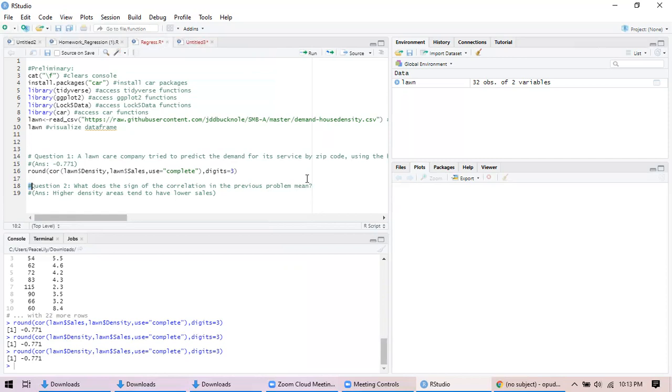That previous problem was asking about the correlation between the density and the sales. So what is this correlation? Is it y over x? It's like sales over density, right? Yeah, sales over density. Okay, so response over predictor.